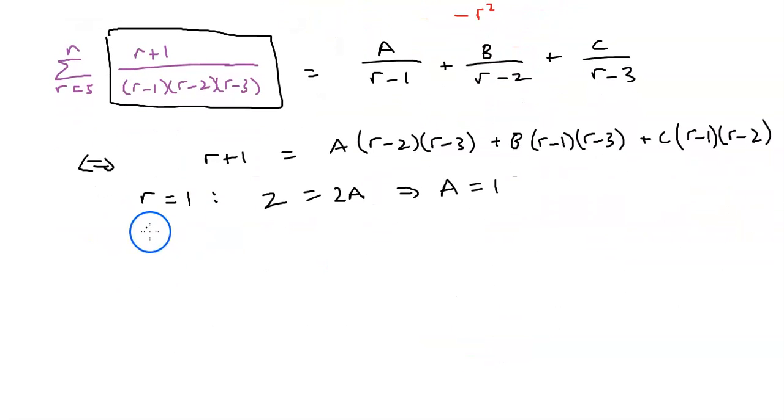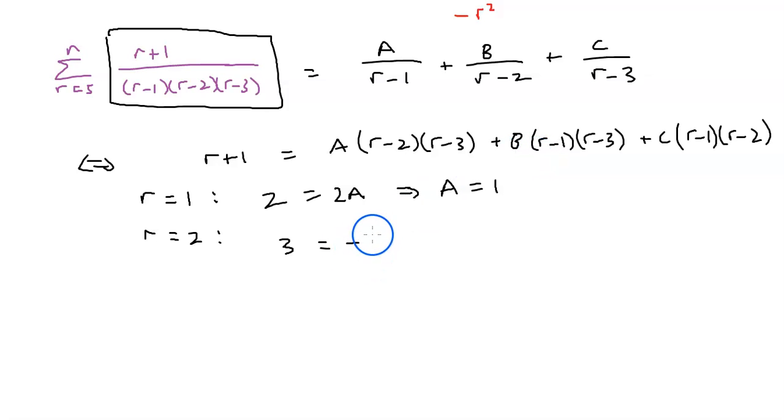Okay, and then taking r equals 2, we get that 3 is equal to 2 minus 1, which is 1, times 2 minus 3, which is negative 1, so that will be negative b.